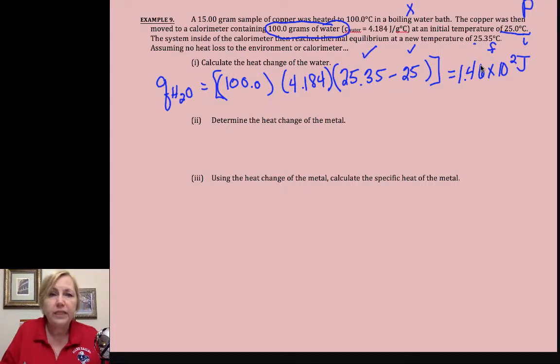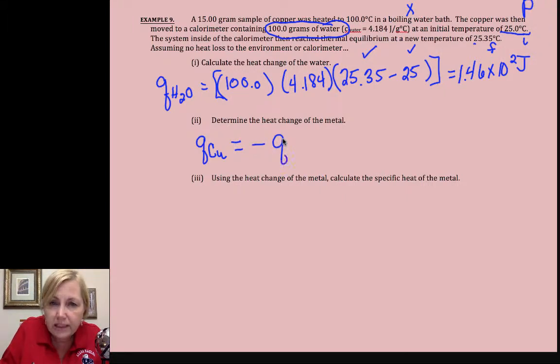Now it says determine the heat change of the metal. Easy, easy, easy. Why? Because all of the heat that the metal lost went into the water. We're assuming none of it goes into the calorimeter. So that means that Q, the heat change of our copper, lost heat and it went into the water. So it's equal in magnitude but opposite in sign of the water.